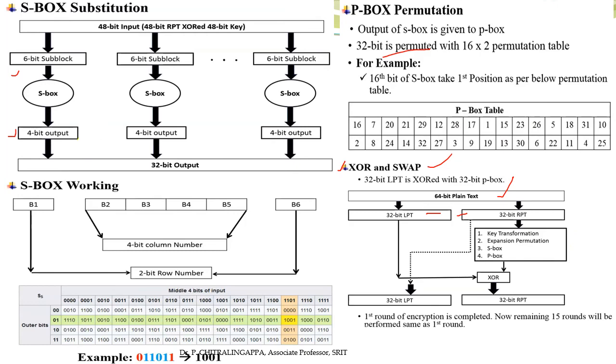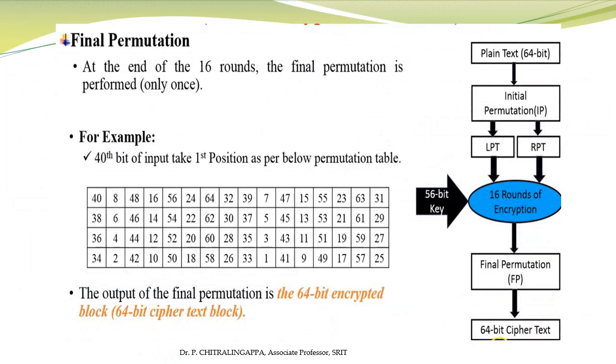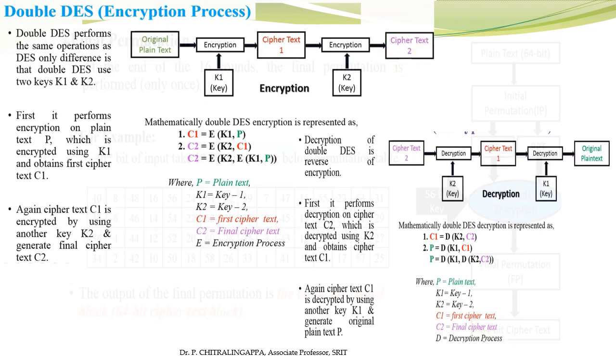Like that you can apply 16 rounds, and finally you will get the ciphertext. That is DES, and now you can apply double DES. Double DES is very simple. It is nothing but applying encryption two times. The plain text is encrypted with key 1 and you get some ciphertext.